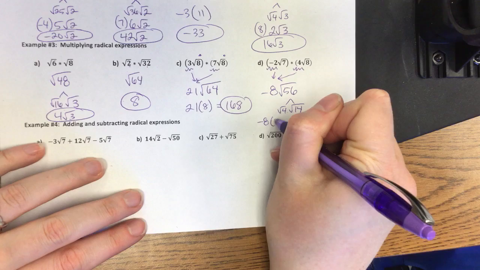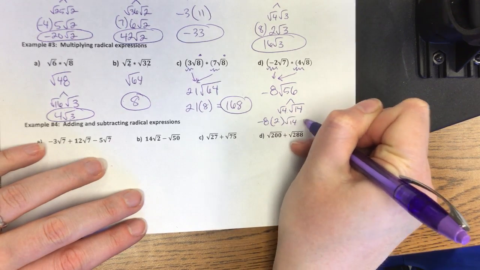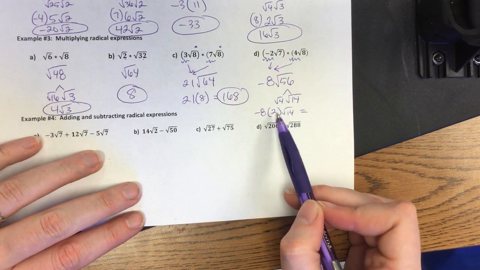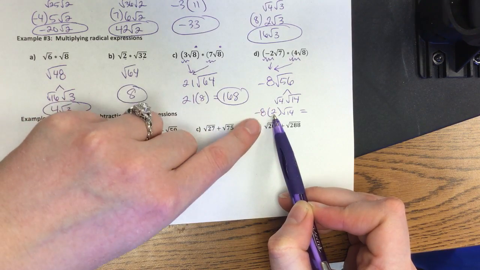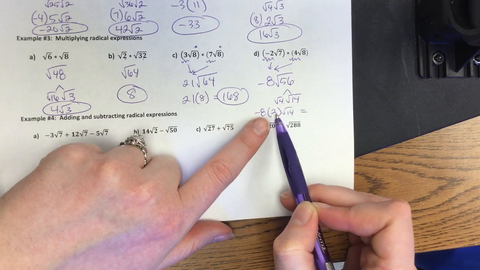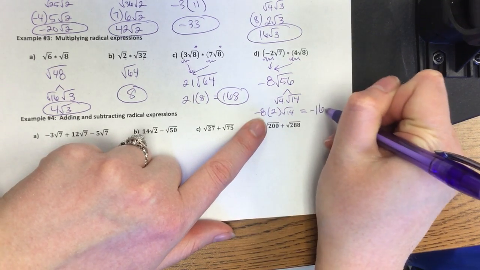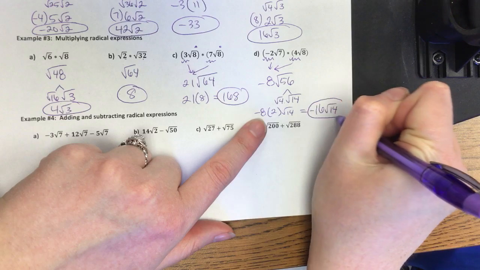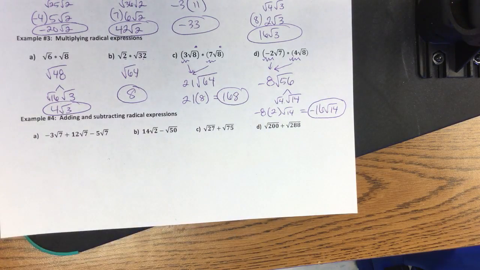Square root of 4 is 2. So since my square root of 4 is 2, I bring that 8 down, and now these are both on the outside, so I can multiply them together, right? So I've got negative 16 square root of 14 should be my final simplified answer.